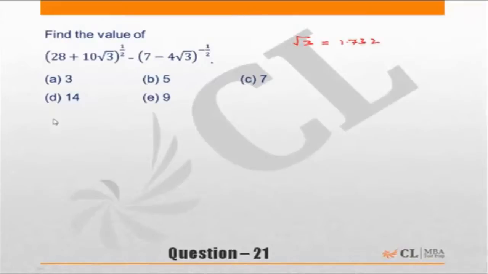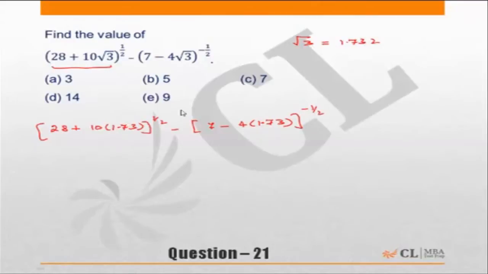Now this expression, I can write it as 28 plus 10 into 1.73 raised to power half, minus 7 minus 4 into 1.73 raised to power minus 1 by 2.